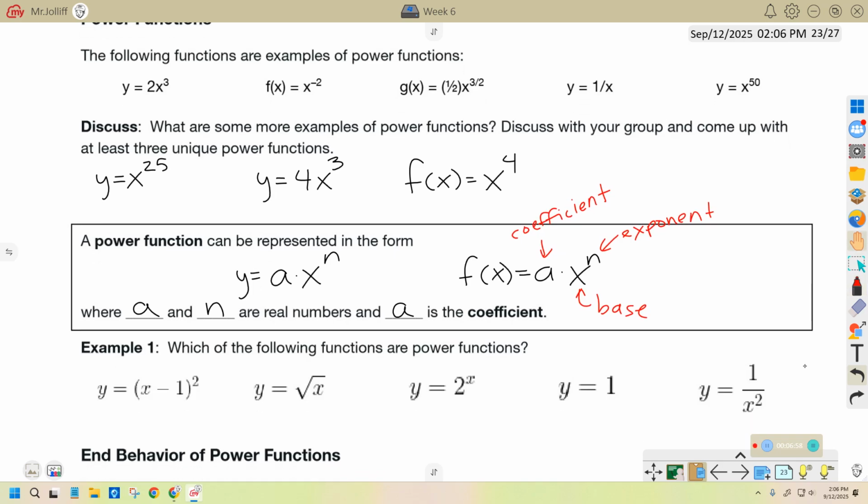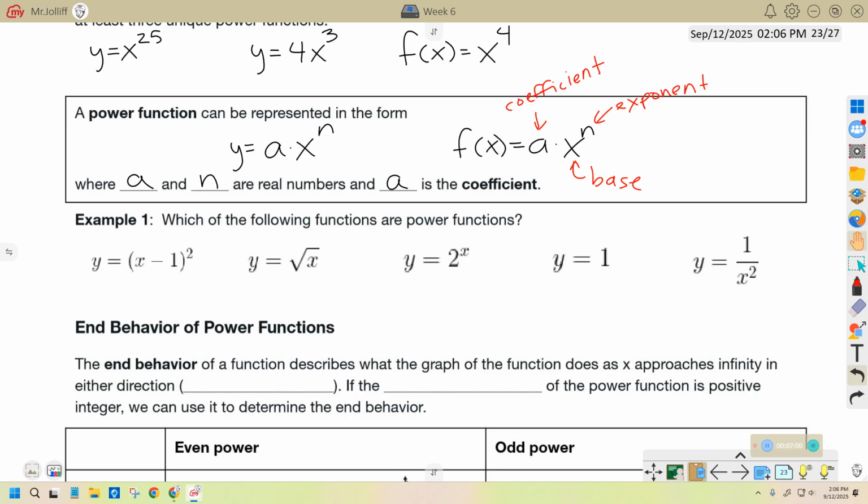We're going to go through some examples and vote which ones are power functions, which ones are not. If you think it's a power function, you're going to give me a thumbs up. If you think it's not a power function, you're going to give me a thumbs down. We're going to start with the first one. y equals the quantity x minus 1 squared.